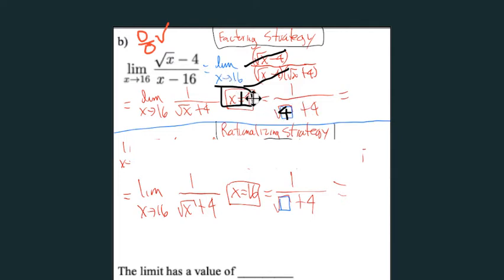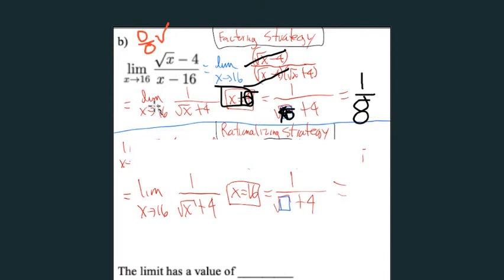X does not equal 4, folks. X equals 16. So that should be root of 16 there. Whoops. Okay, so that's root of 16 plus 4. Well, the root of 16 is 4. 4 plus 4 is 8, so that's 1/8.